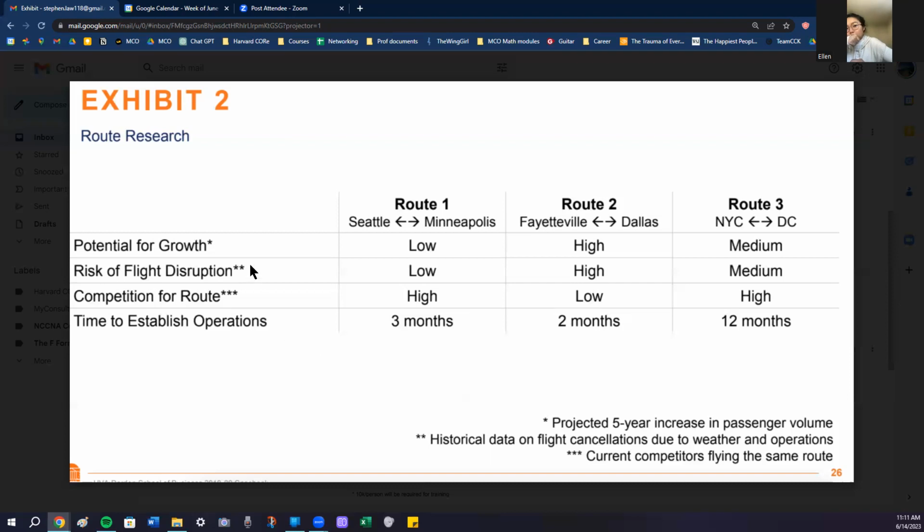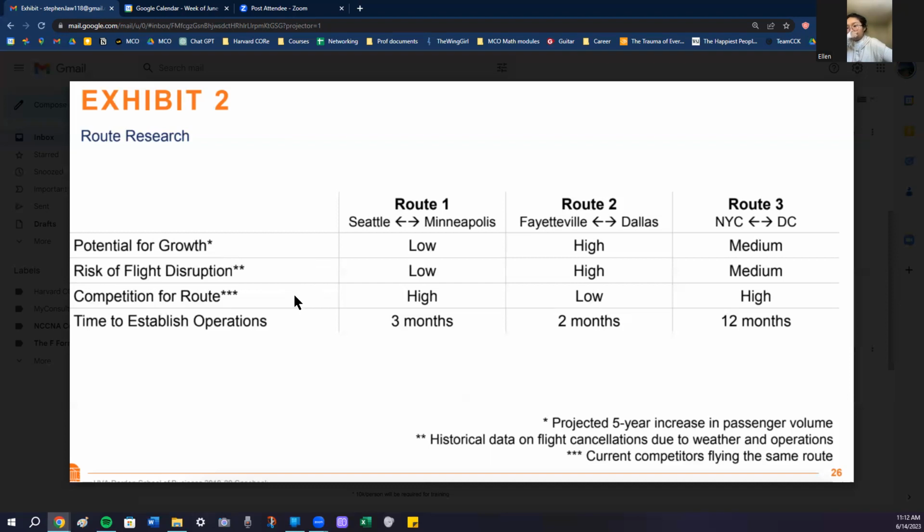If I were to rank the route research priorities for each route, I would say that the potential for growth is the least important due to its 5-year increase. The risk of flight disruption is important, and the competition for route 2 is high.